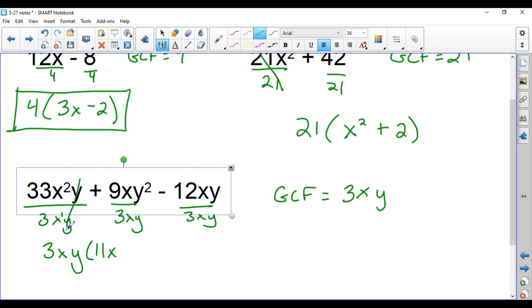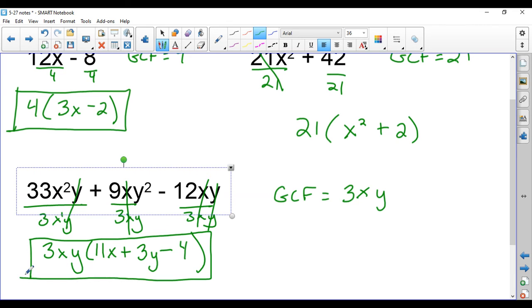Y divided by y cancels out because anything divided by itself is 1. Plus 9 divided by 3 is 3. The x's cancel. Y squared over y is y. Minus 12 divided by 3 is 4. X over x cancels. Y over y cancels. And that is my final answer in my factored form.